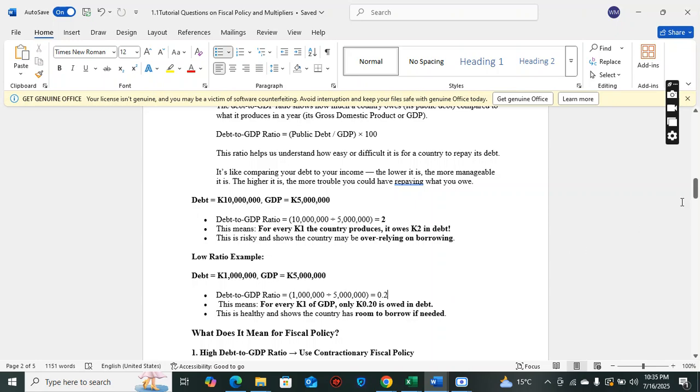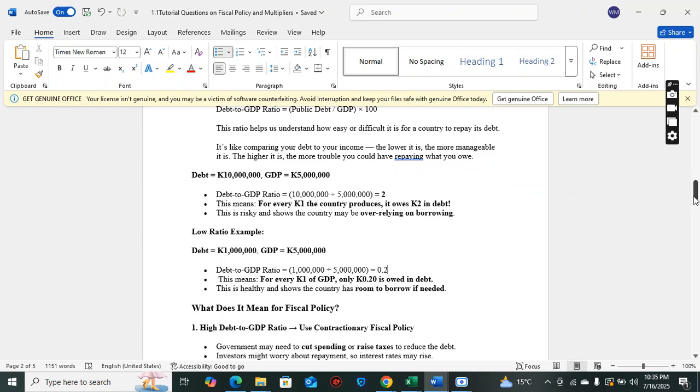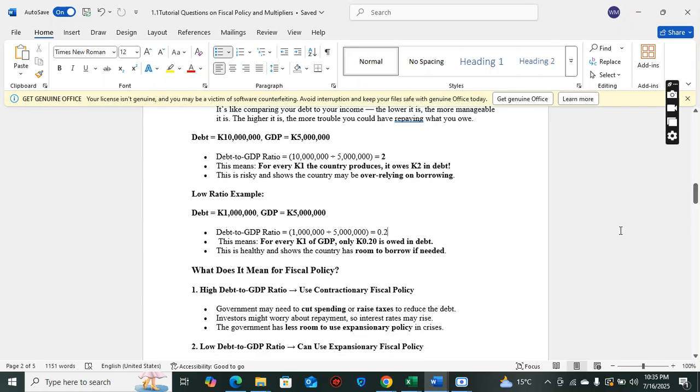Okay, so if you've got a high debt to GDP ratio, it's paramount you implement contractionary fiscal policy, because it means your debt is exceeding your GDP and you cannot pay all of it with your GDP.